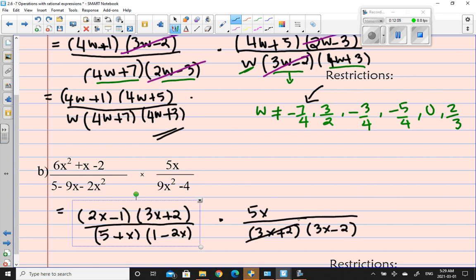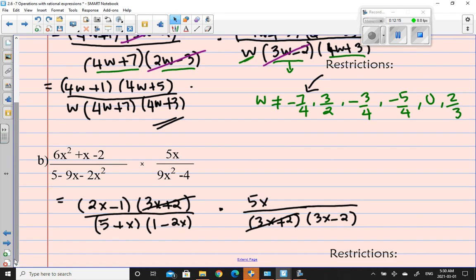So this 3x plus 2 and this 3x plus 2 cancel out. Is there anything else that can cancel out? I guess the 2x minus 1 that you see here will cancel out with the 1 minus 2x, but one is the negative of the other.